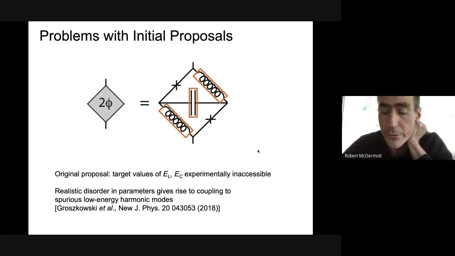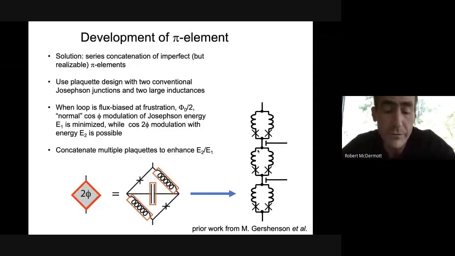So is there another way that we can try to implement this effective pi element? One approach is to not try to implement a robust, perfect pi element right out of the gate, but to work with imperfect pi elements that, although they have some significant first harmonic of the Josephson energy, are not perfect.